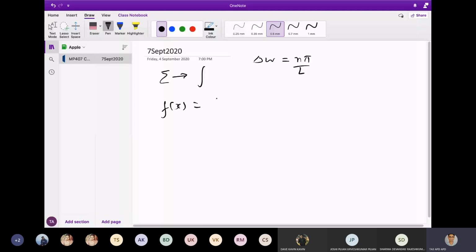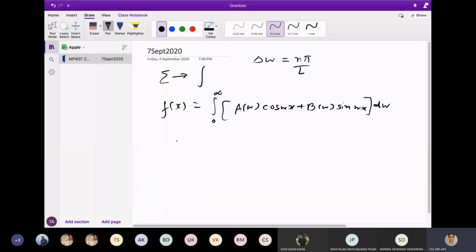So instead of a summation, now it is replaced by an integral from 0 to infinity, and we have two coefficients, a as a function of w, cos wx, plus b as a function of w, sine wx, and the whole integral is with respect to dw. So the integration parameter is w over here, it's not an x.